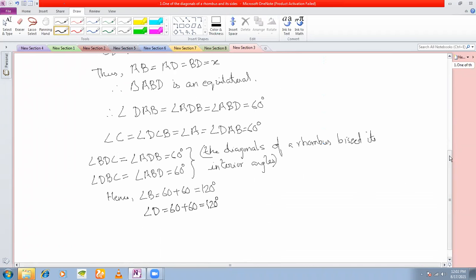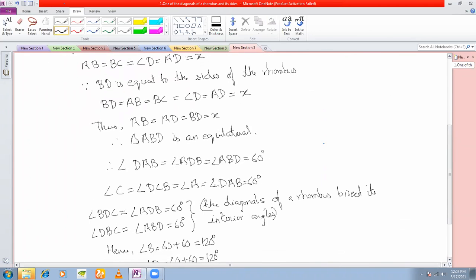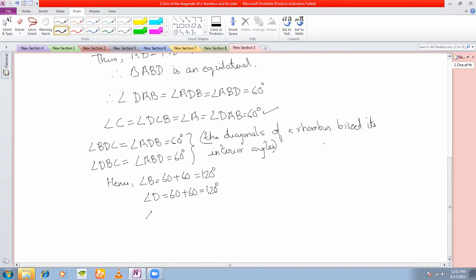So two angles, and the other two also we had found out. Angle C, we had found out to be 60 degree, and angle A was also 60 degree. Angle A is equal to angle C is equal to 60 degree. So all the angles we have found out. Angle A is 60, angle B is 120, angle C is also 60, and angle D is 120.